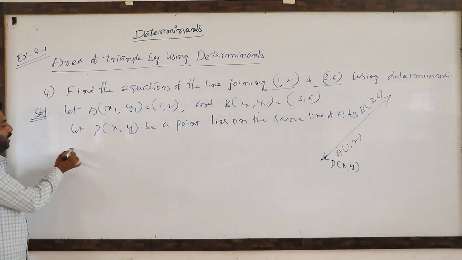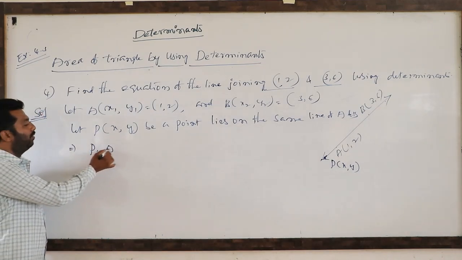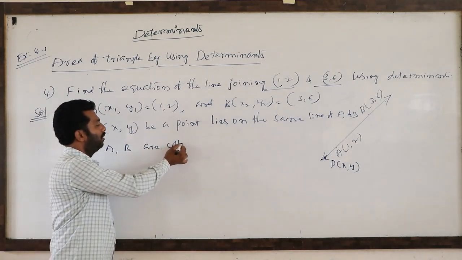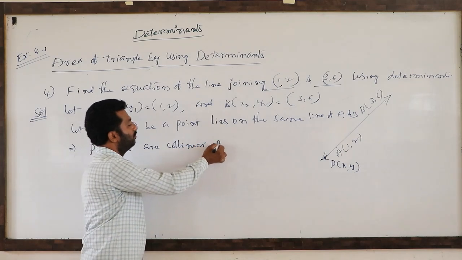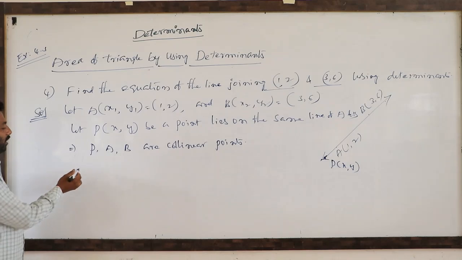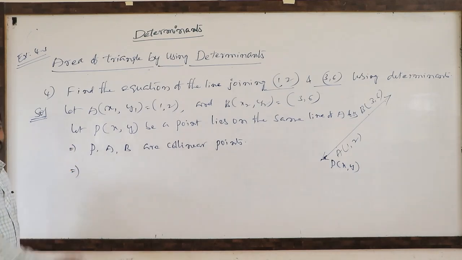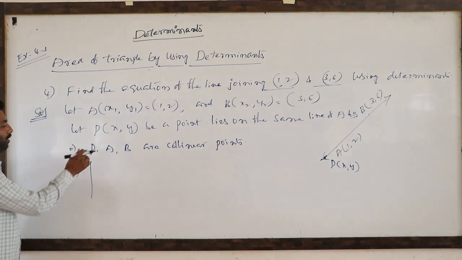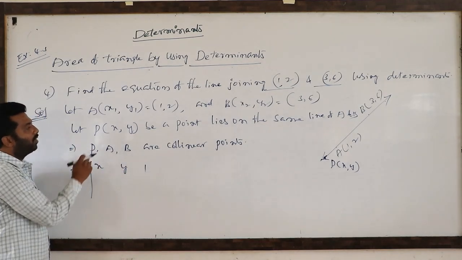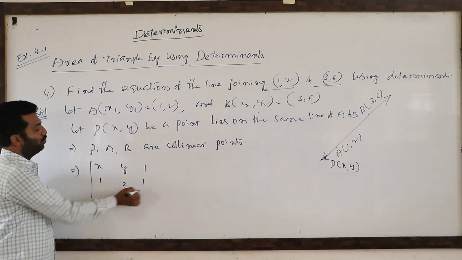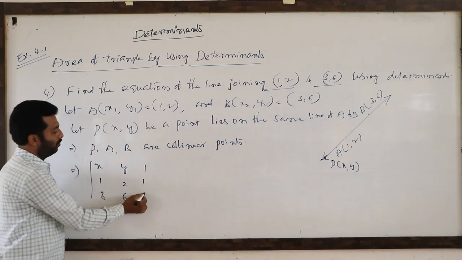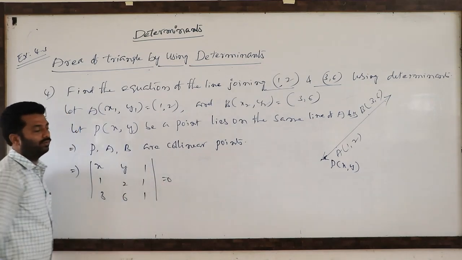So we can say clearly that P, A, B are collinear points. Collinear points means area of the triangle equal to 0. Already I told the condition. Collinear points means what we have to write? First P coordinates x, y, 1. A coordinates 1, 2, 1. B coordinates 3, 6, 1 equal to 0.